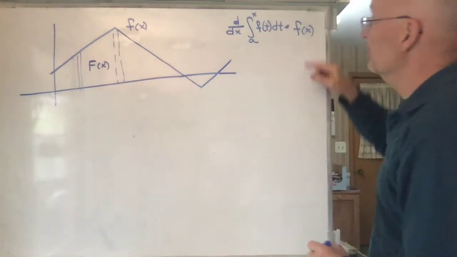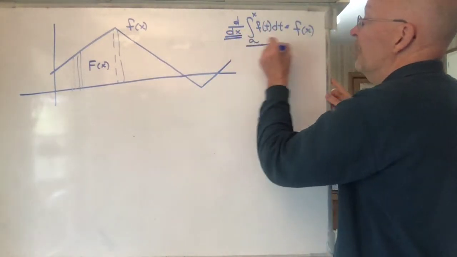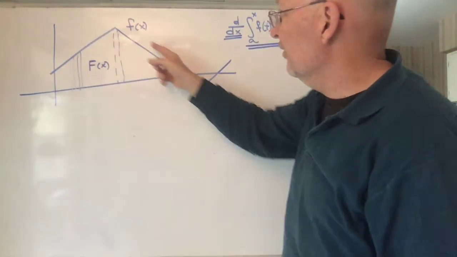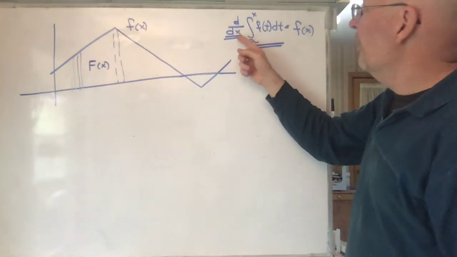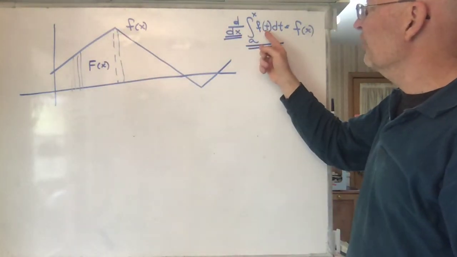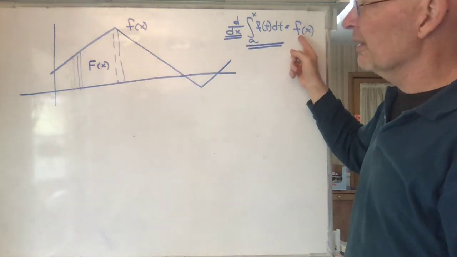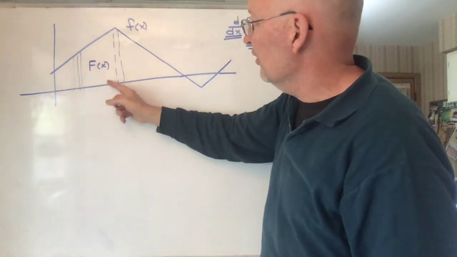In other words, just look at it. The rate at which this thing is growing, this thing right here is the area underneath the function here, okay, the value of the integral. The rate at which this thing is growing just depends on the height of the function. Well, sure, that makes total sense. The rate at which the area is growing depends on the height.